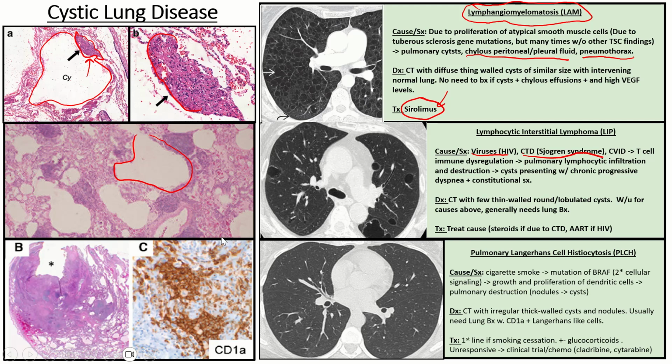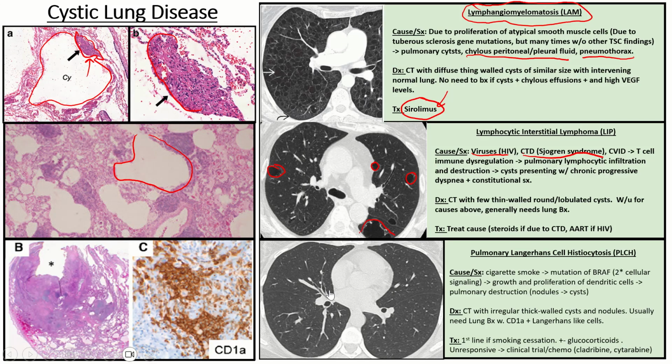CT scan is going to show larger cysts. They're going to be thin-walled, but there shouldn't be as many of them classically as in someone that has lymphangioleiomyomatosis.